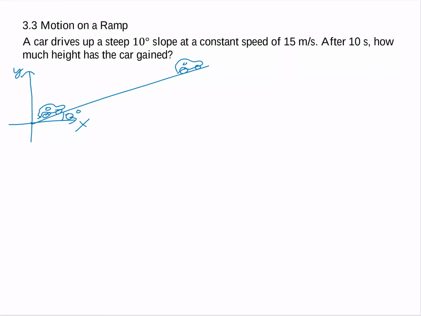Okay, so now in my picture, what's going on? We have a velocity going up the hill. If I break this into components, there'll be a v sub x and a v sub y.